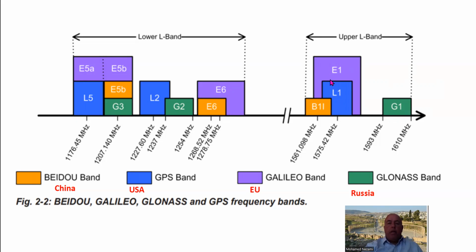And they're all really in the L band, either the upper L band or the lower L band. So basically, if you look at this spectrum, it's labeled starting with an E for Europe, G for GLONASS, and then let's see, L is for the US.